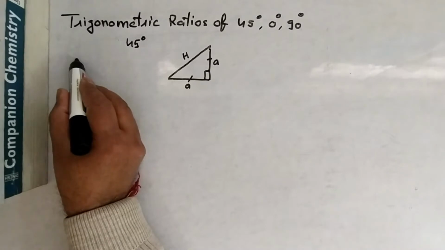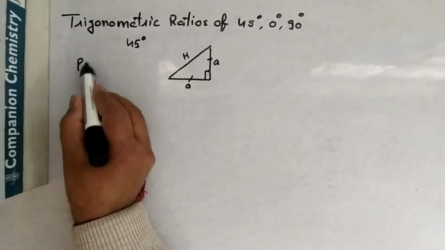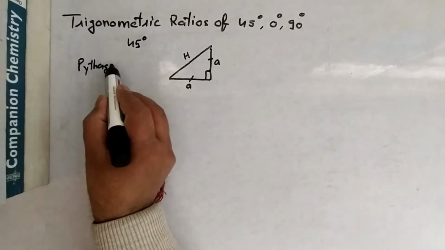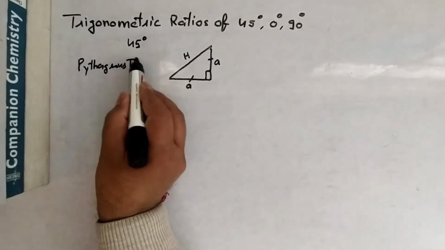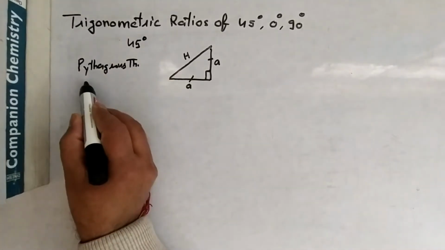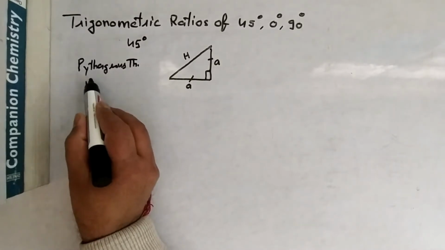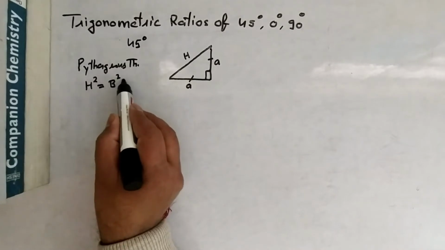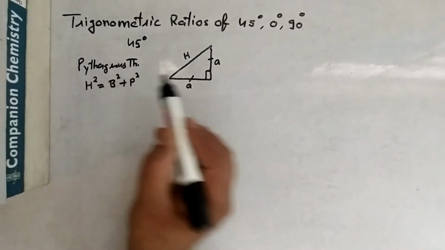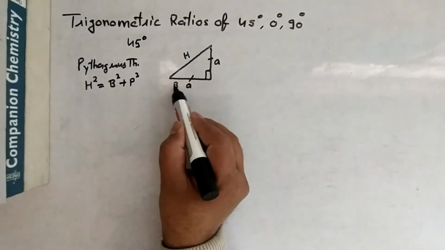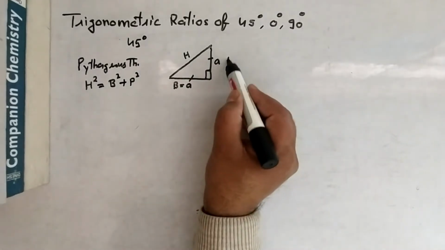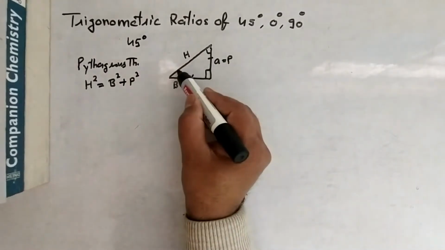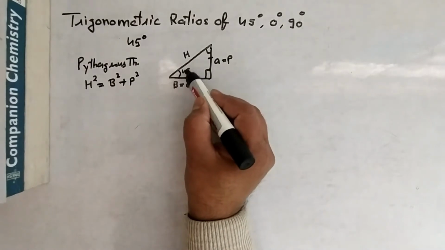So again, if you apply Pythagoras theorem, we get hypotenuse square is equal to base square plus perpendicular square. Here base is equal to this and perpendicular is equal to this, because these two angles are 45 degrees.